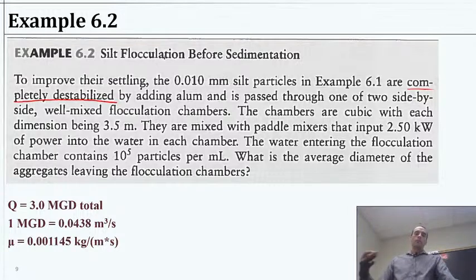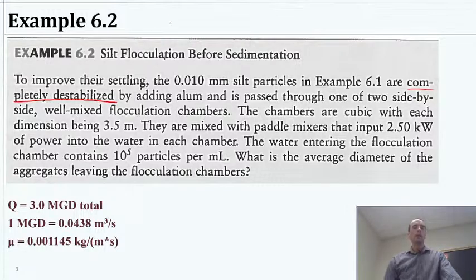And this water is passed through one of two side-by-side well-mixed flocculation chambers. So I'd encourage you to draw that up. The chambers are cubic, each with dimension being 3.5 meters. They are mixed with paddle mixers that input 2.5 kilowatts of power into the water in each chamber.